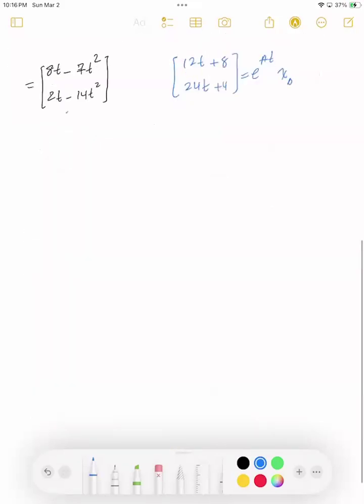So I have e^(At) times this integral. That's what I'm trying to find.